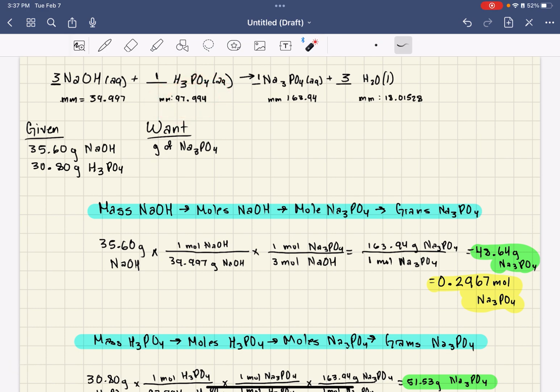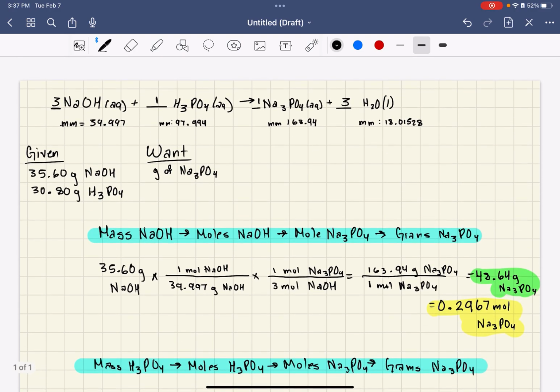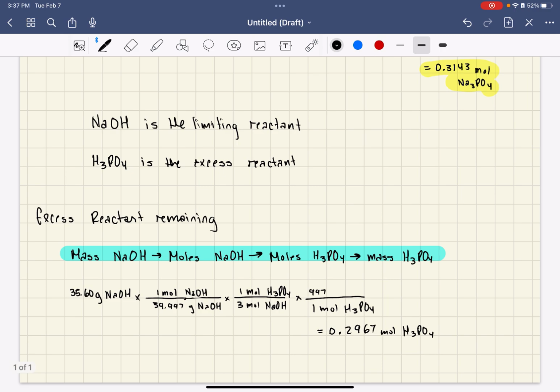That will be 97.994 grams of H3PO4. Sorry guys, kind of nervous. Now we do the math once again.